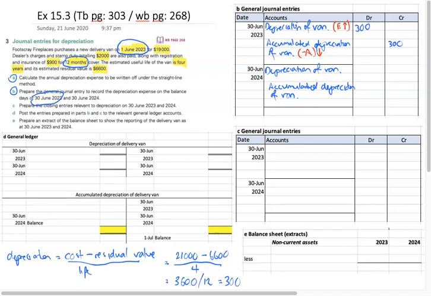On the 30th of June 2024, however, we have had a full year's worth of depreciation. From 30 June 2023 to 30 June 2024 has been 12 months, so our van has gone down in value, has been used up. The cost is $3,600. You are required to do a narration for both of these.